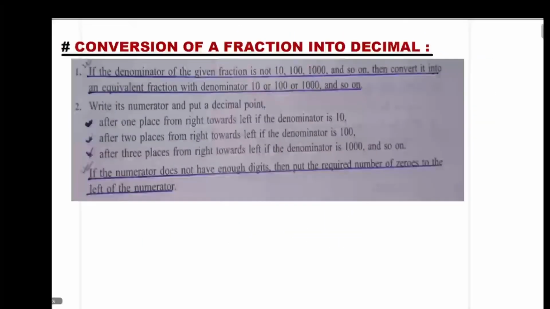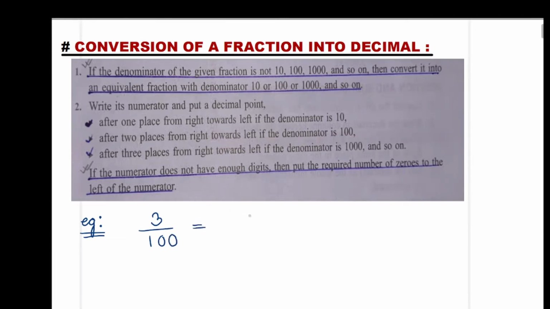Okay, next, conversion of a fraction into decimal. Here also first it is given, if the denominator of the given fraction is not 10, 100, 1000 and so on, then convert it into an equivalent fraction with denominator 10 or 100, 1000, etc. Okay, simply I will show you, then it will be easy. Now suppose it is 3 by 100. So how to convert?